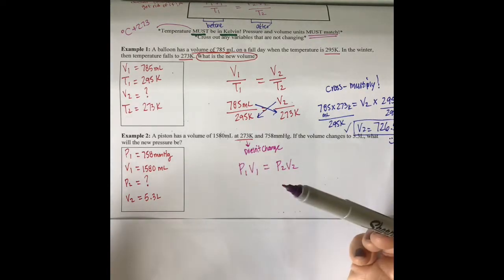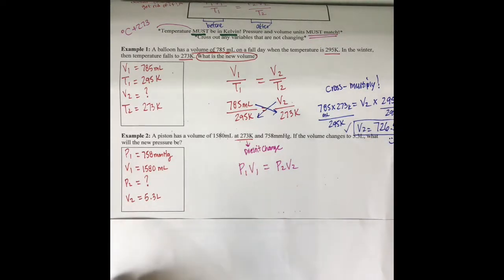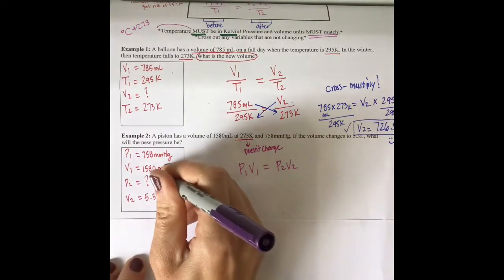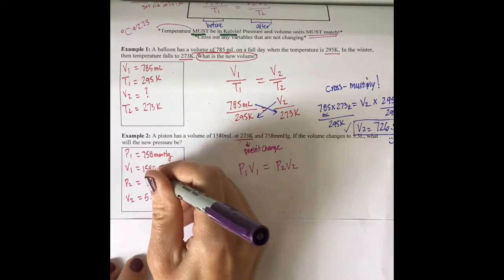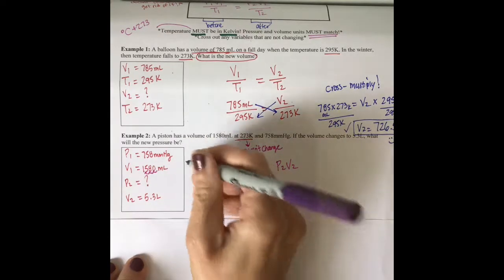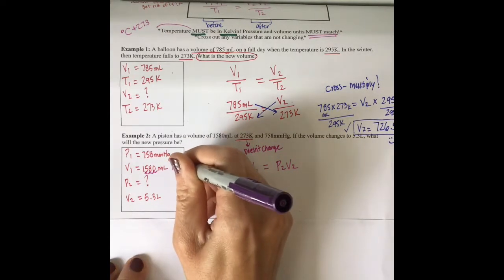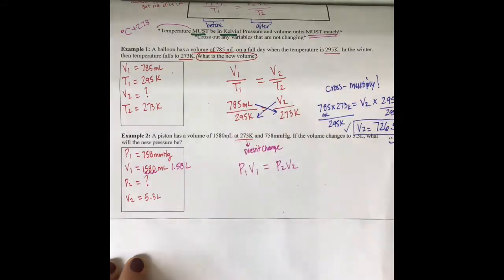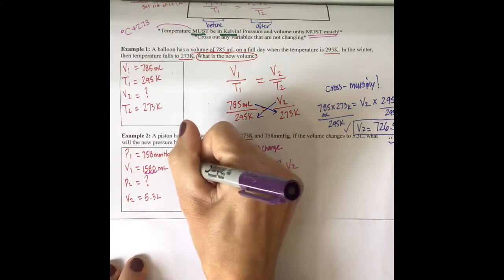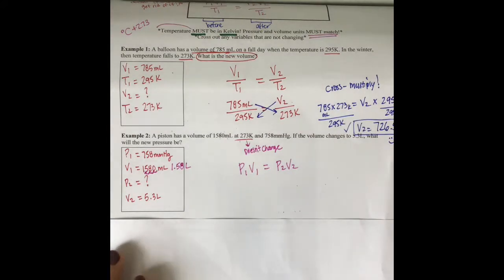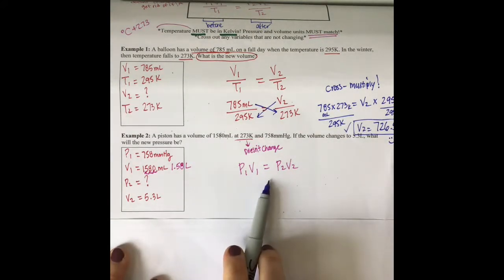It doesn't matter which way you go, as long as they're the same. I'm going to switch this to liters by dividing by 1,000 or moving 3 decimal places to the left. So that's the same as 1.58 liters. Okay, and now I think you're ready to plug in and solve.